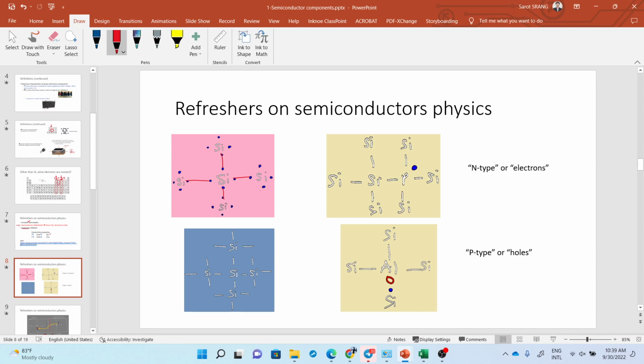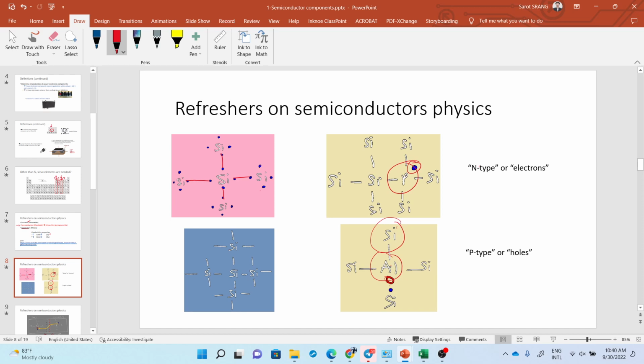But if you dope the silicon with phosphorus that has 5 electrons at the most outer layer, then there is 1 free electron. So this electron is not busy, in some sense. And if you dope silicon with another element that has 3 electrons at the most outer layer, then it has a hole, which means an attraction of electron, to complete the valence bond.